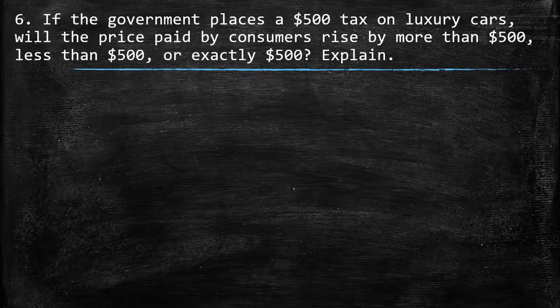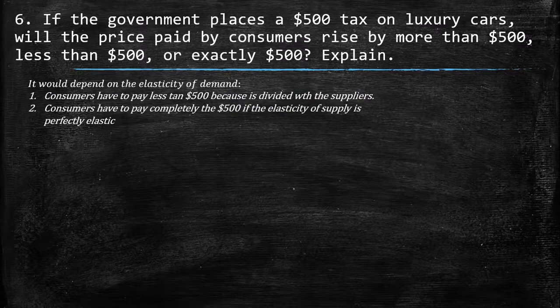Six. If the government places a $500 tax on luxury cars, will the price paid by consumers rise by more than $500, less than $500, or exactly $500? Explain. It would depend on the elasticity of demand. We have two basic cases.